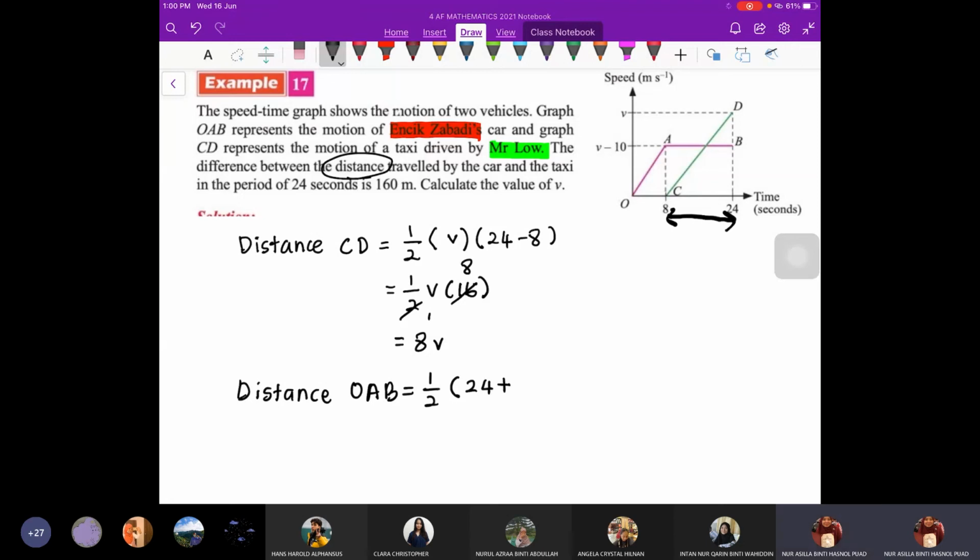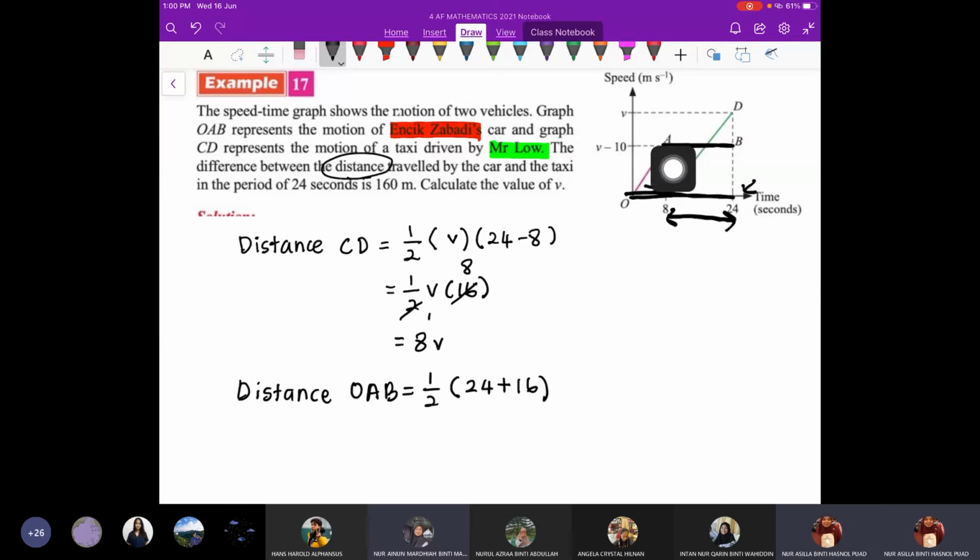Tambah 8 kan, Miss? Tak ada. 24 adalah 16. Ya, 16. Mana dapat 16? 24 tolak 8. So kenapa nampak pula tambah 16, Miss?